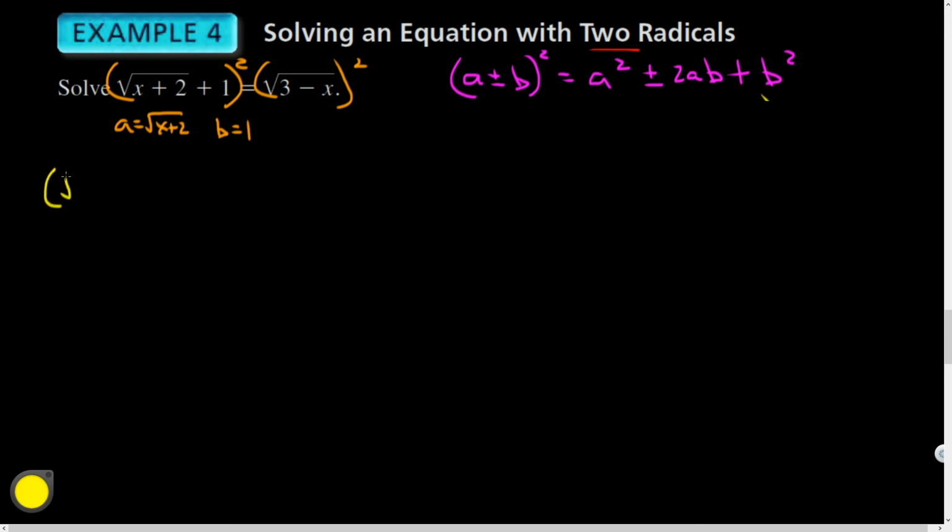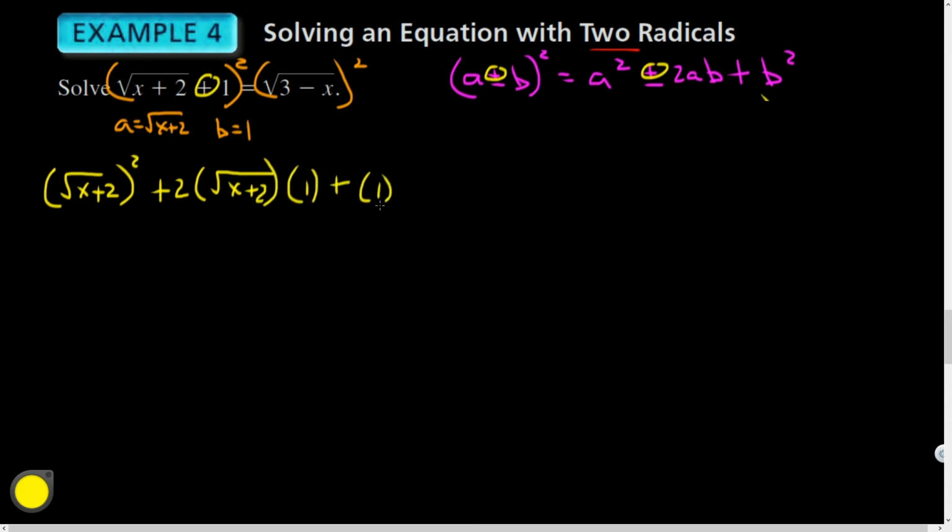And so I'm actually going to be plugging in the square root of x plus 2 everywhere I see an a. And so here we go. A squared, this was a plus sign, so I'm using the plus version of the equation. A squared plus 2 times a times b, at least b is simple, plus b squared equals, and in this case, this side was easy.